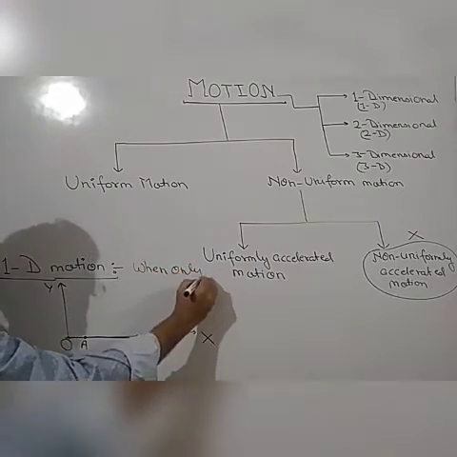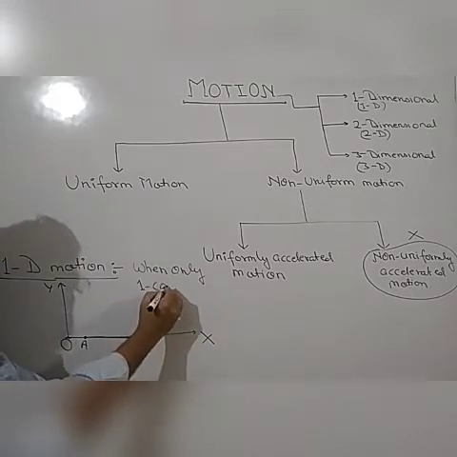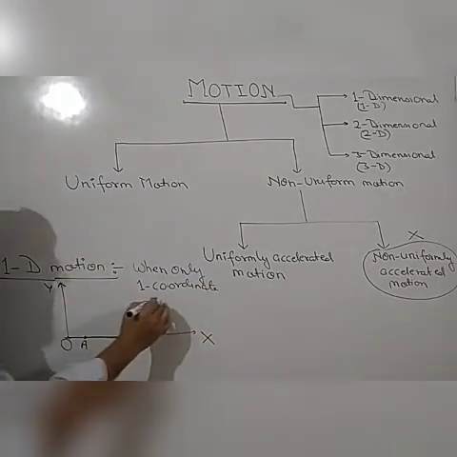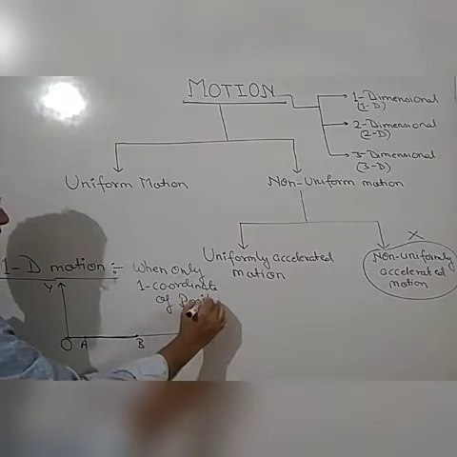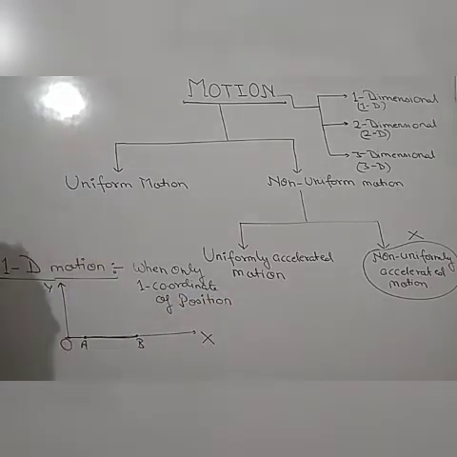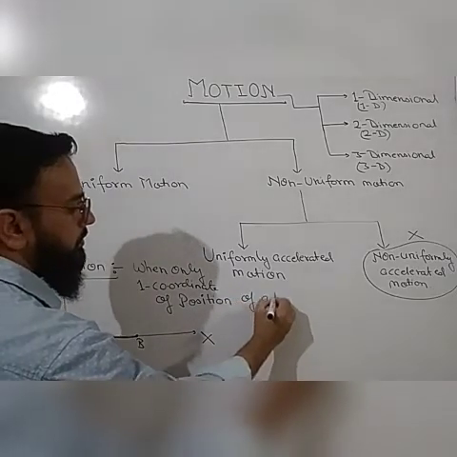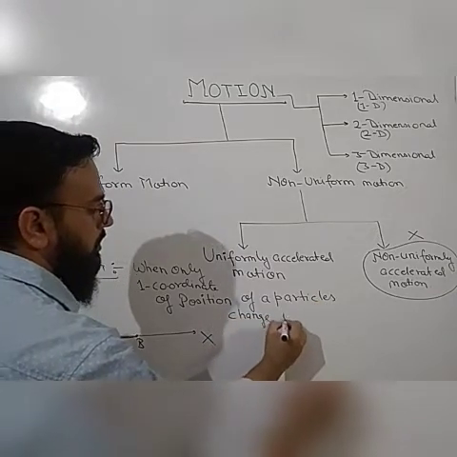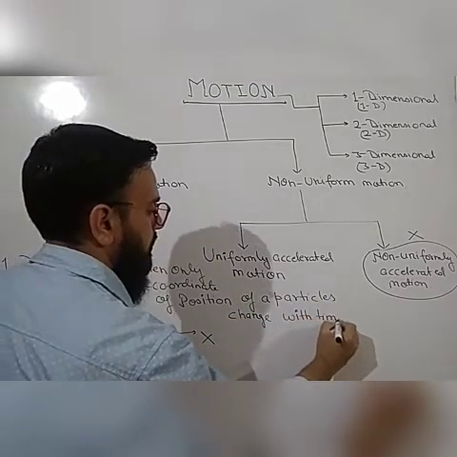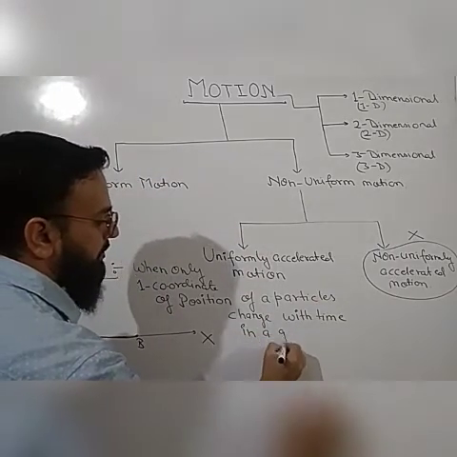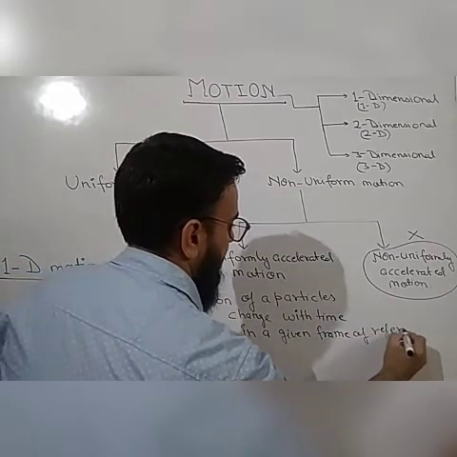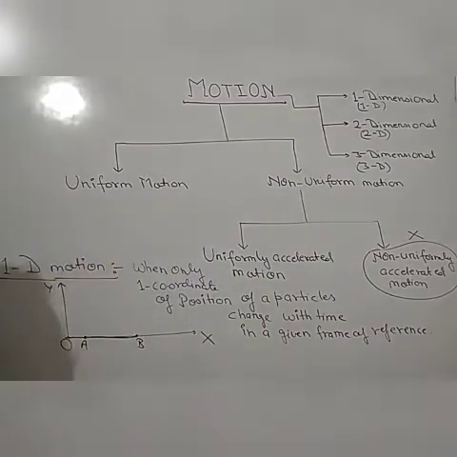When only one coordinate of position of a particle changes with time in a given frame of reference, then the motion is said to be one-dimensional motion.